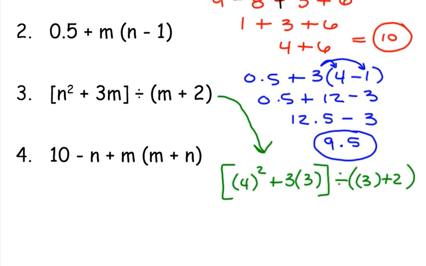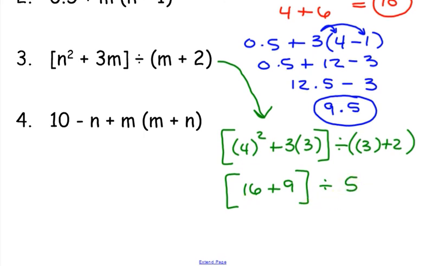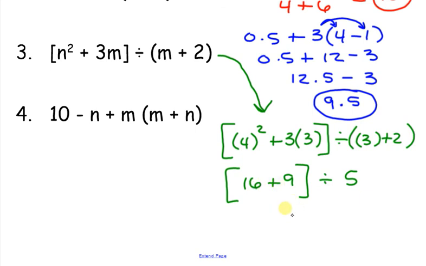Okay, so here I have 4 to the second power, which is 4 times 4, which is 16, plus, and here I have 3 times 3, which is 9. Then I have divided by 3 plus 2 is 5. Okay, so I have 16 plus 9, that's going to be 25, divided by 5 equals 5. Excellent job.